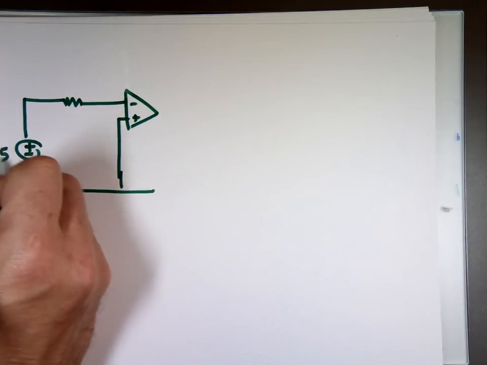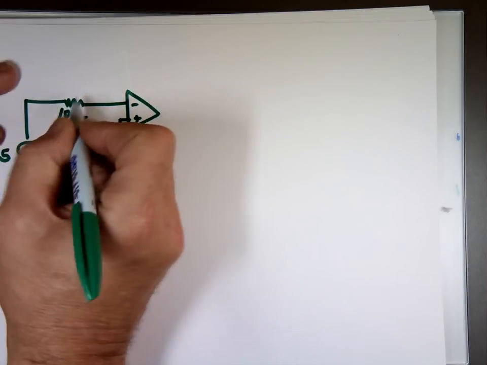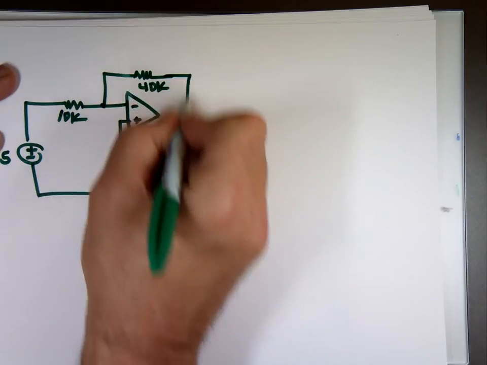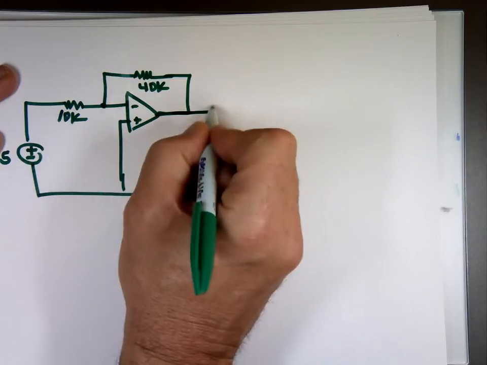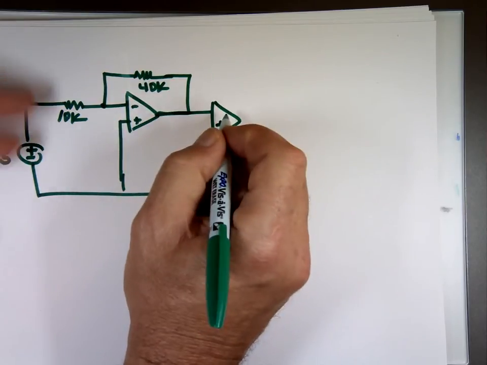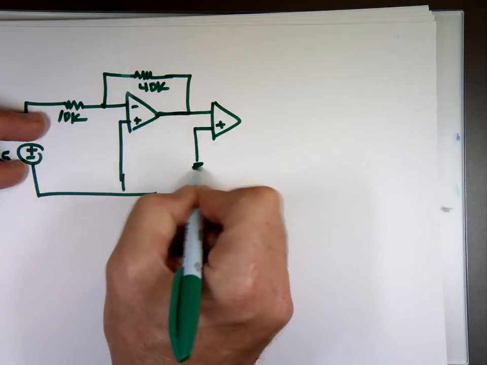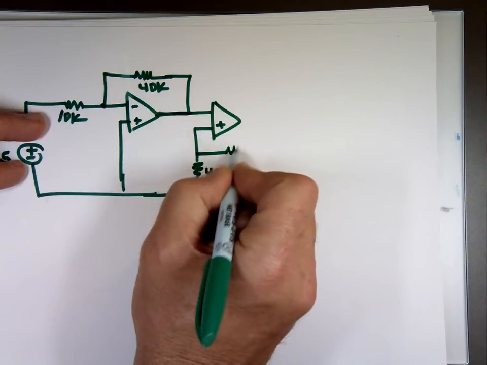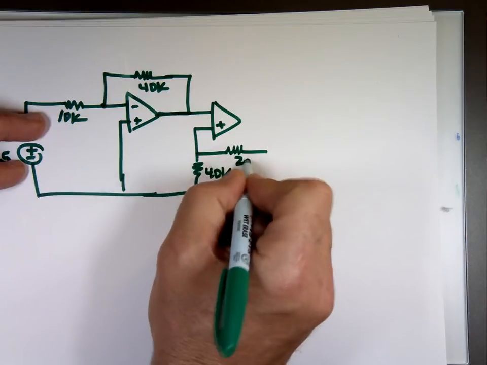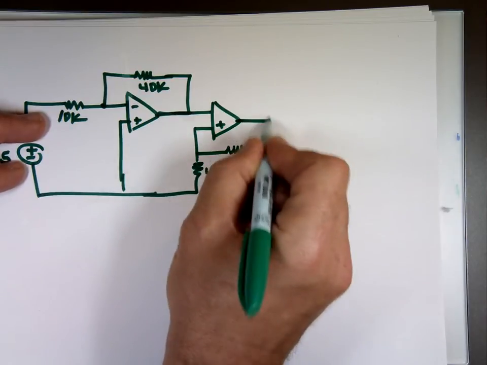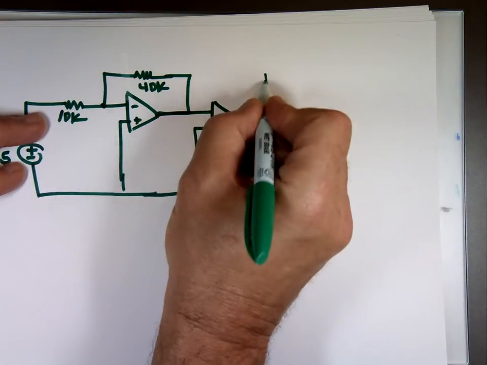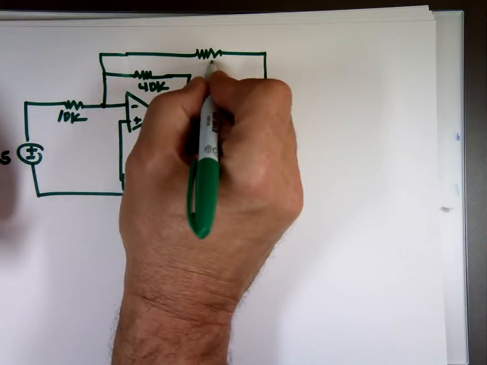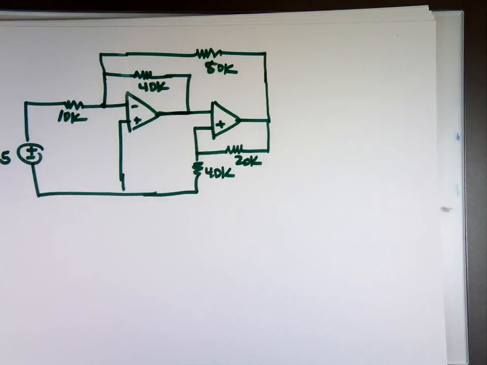Five volts, 10K, 40K, 40K, 20K, and that's 80K. And the question here: find V out.